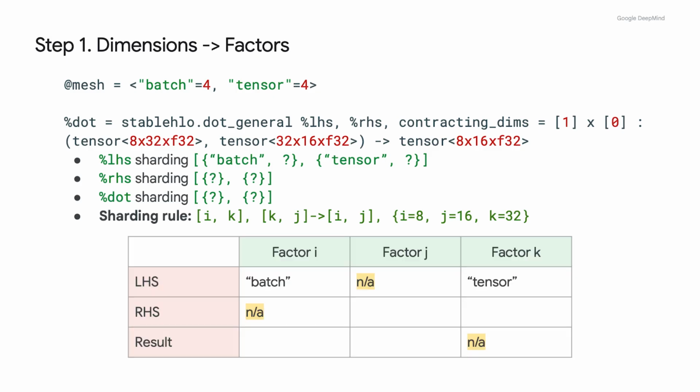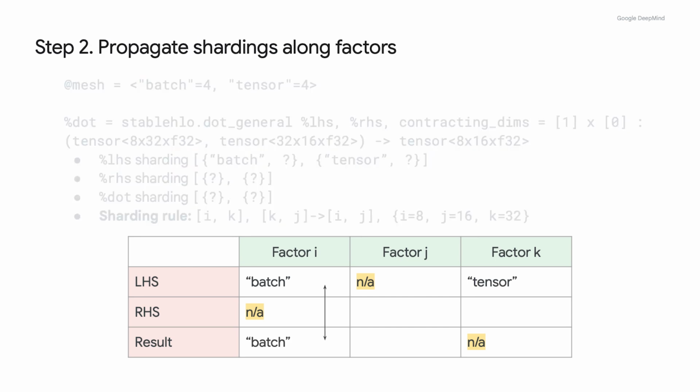Here, the LHS has the sharding batch and tensor. Batch is along the first dimension, and tensor is along the second dimension. Batch partitions the LHS along factor I, and tensor partitions the LHS along factor K. The RHS and the dot result don't have any shardings. They are fully replicated, so these entries are empty.